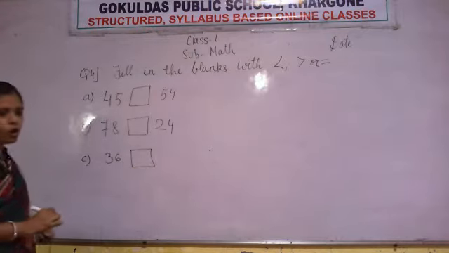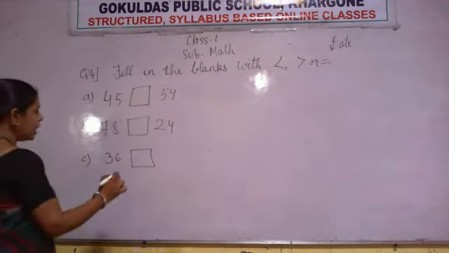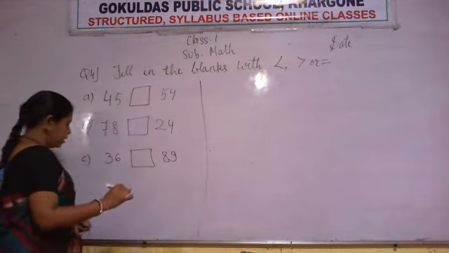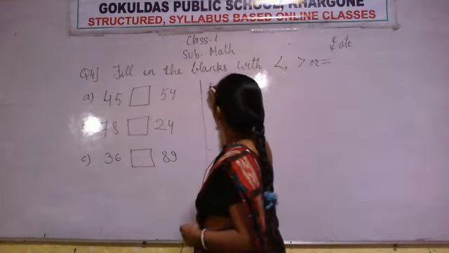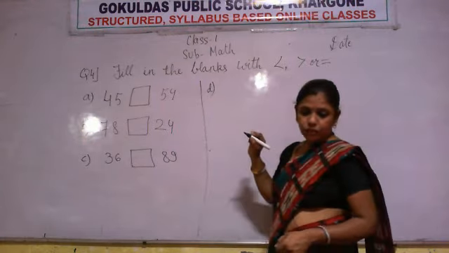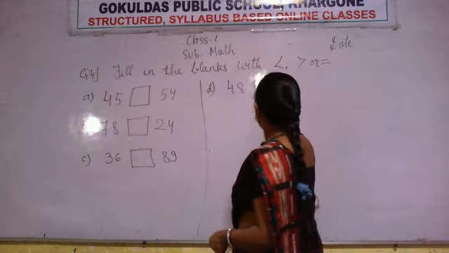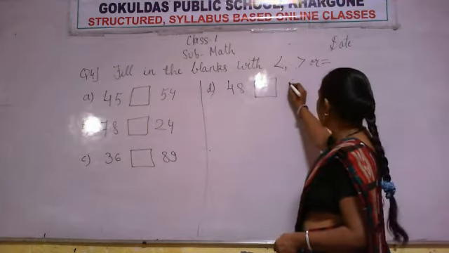Then make one box. Then write 89. Then after C, write D: 48. Then again make one box and then write 57.